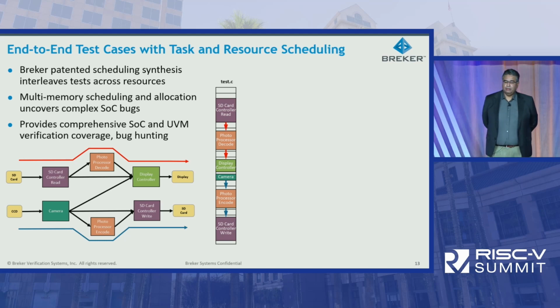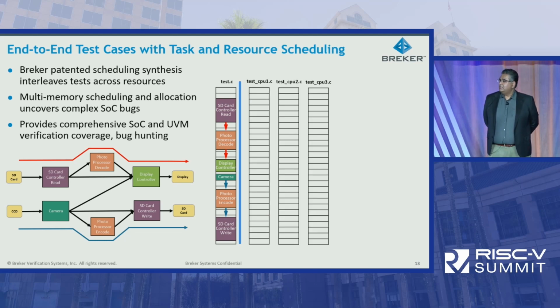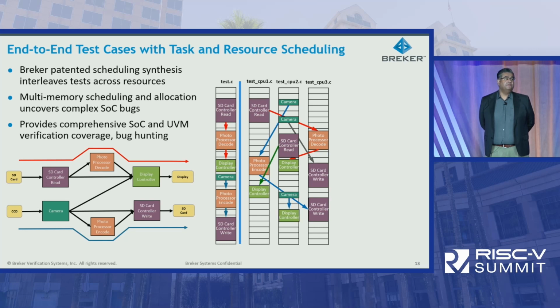That's great. If I have multiple CPUs or multiple threads available, now the tool can generate a scenario, interleave, interleave, interleave, and pretty soon you have a nice dense test that's doing a whole bunch of end-to-end traffic, and the scheduling is all resource aware. There's no row over there where the SD card controller is used more than once.